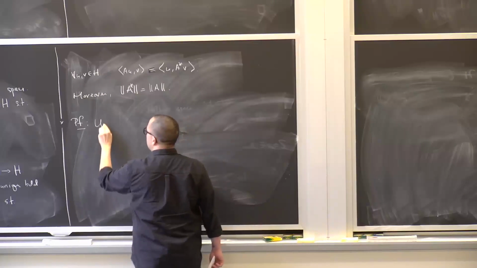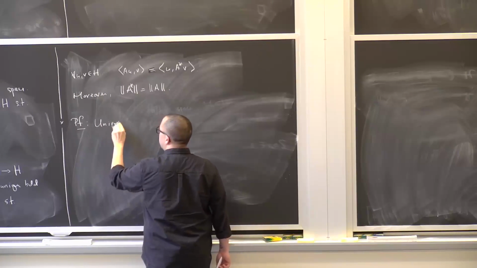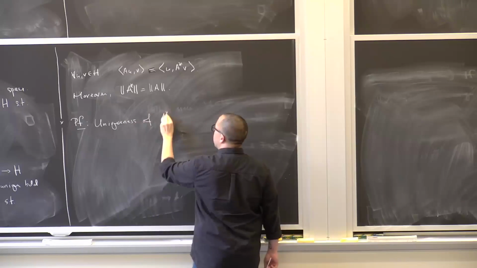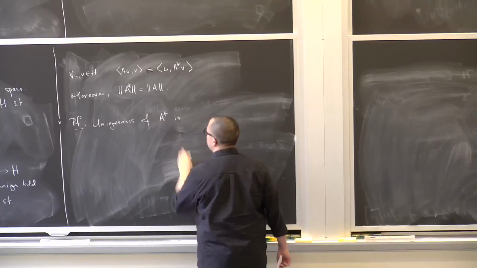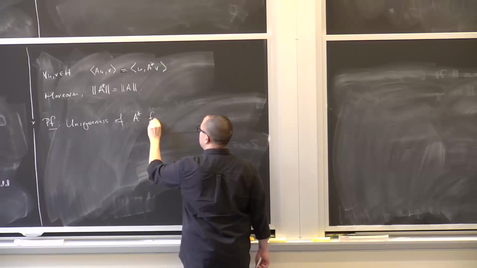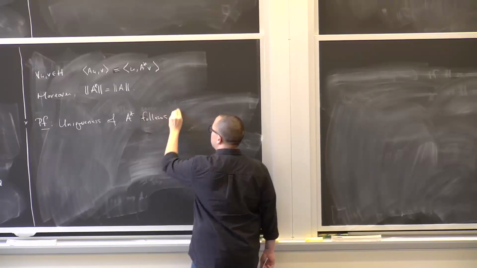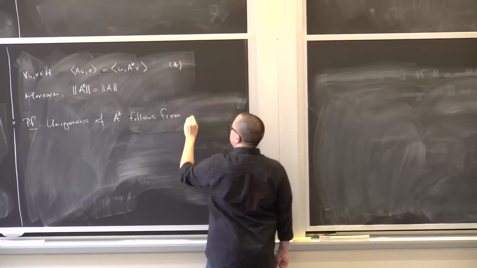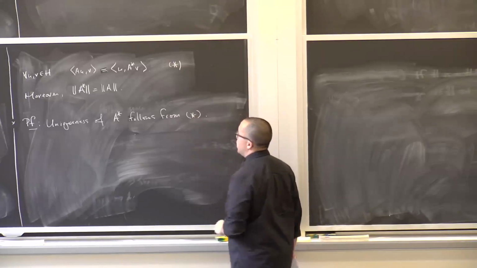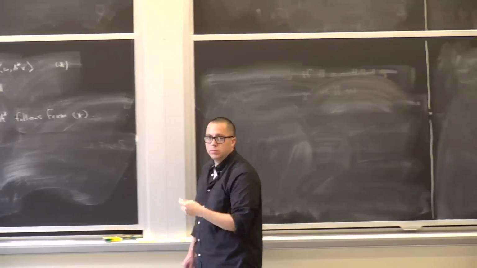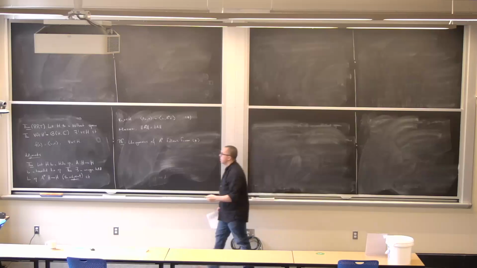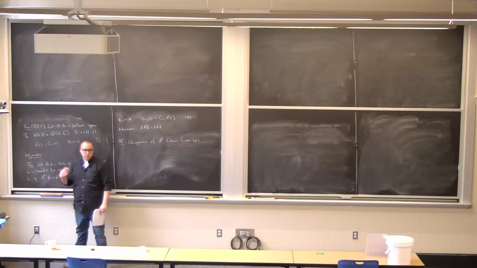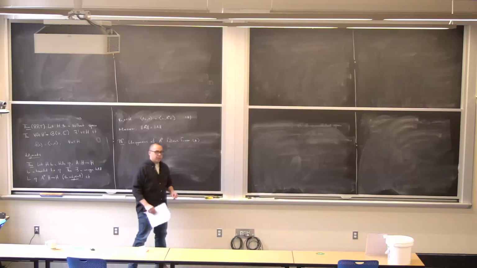So I'll just state here that uniqueness of such an operator, A star, follows from the identity it satisfies, just like the vector v, which spits out f of u when you take the inner product with u with it.